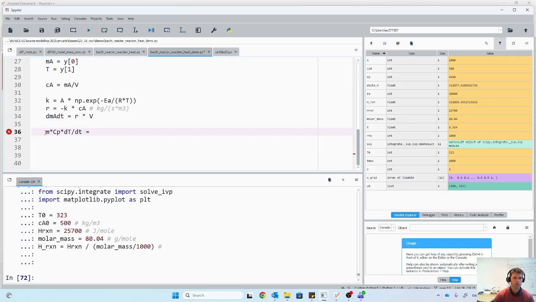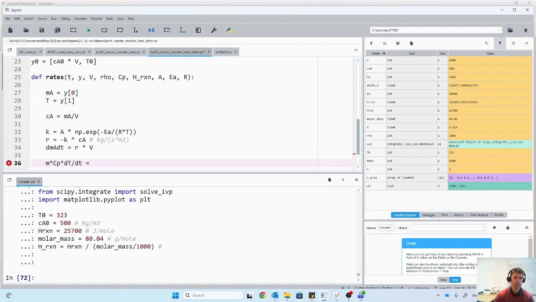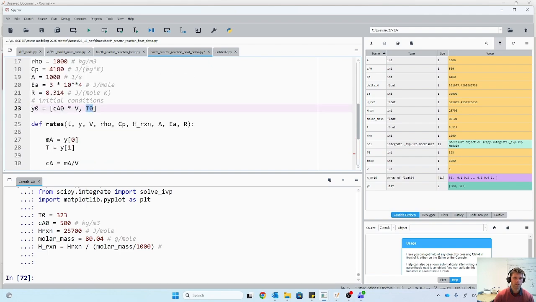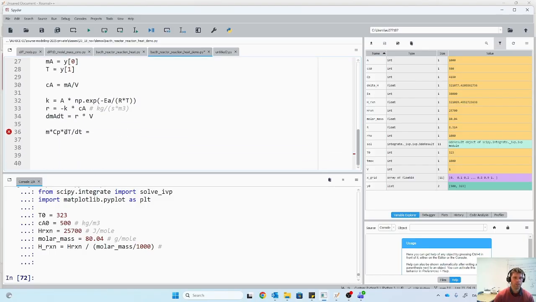But in most cases, we are actually not interested in the energy. We want to know the temperature. And we are also giving the temperature as the state variable input. So it needs to be the dT/dt without the m times Cp on the left side. So we will write it like this instead.